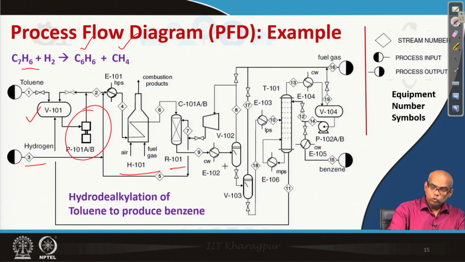Now, there are two separators, V102 and V103. The first one separates the hydrogen methane gas, so methane gas and some unreacted hydrogen. Whatever hydrogen is recovered will be recycled back, and mostly methane and a little bit of unrecovered hydrogen will be released as flue gas.